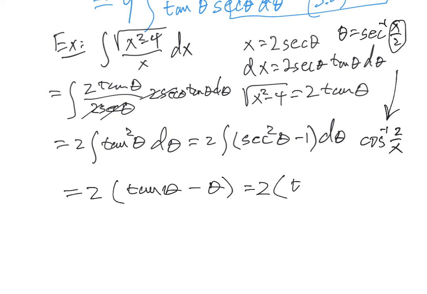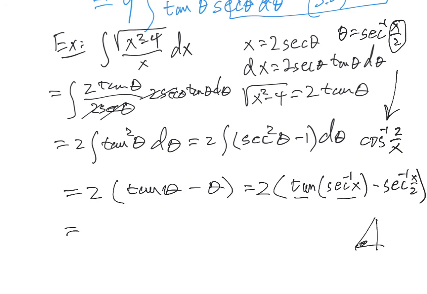Right here, we get the tangent of that angle. I'll use secant just because it's kind of new. Minus theta, that's the inverse secant. And then we can simplify. Here's the trig composed with an inverse trig. We draw a picture. Here's the angle in a right triangle.